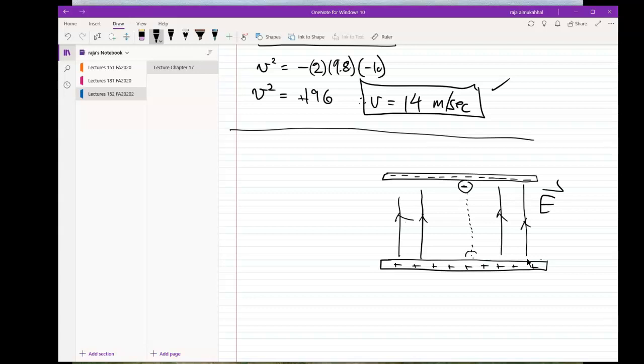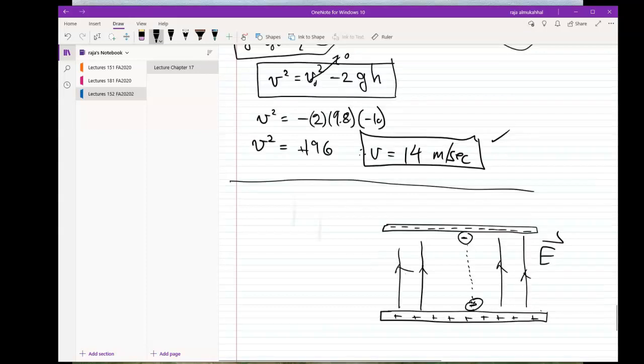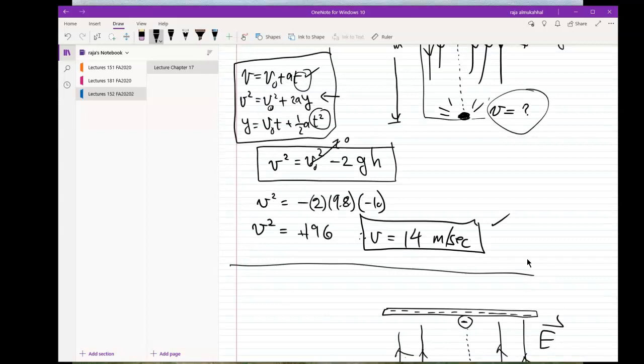So now he's asking, what is the speed of the electron just before it hit the positive plate? See the similarity between them? So I can basically use the same kinematic equation, this one. It applies to anything.